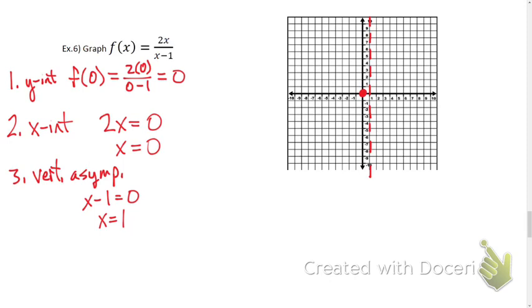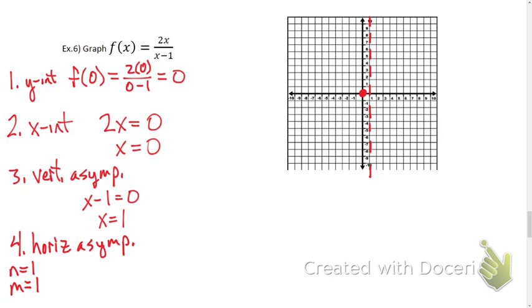Horizontal asymptotes, that's the new thing today. And for our problem here, it looks like n is 1, because it's 2x to the first power. M is also 1.